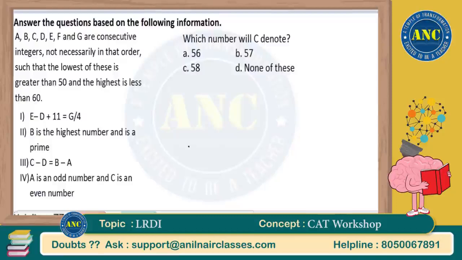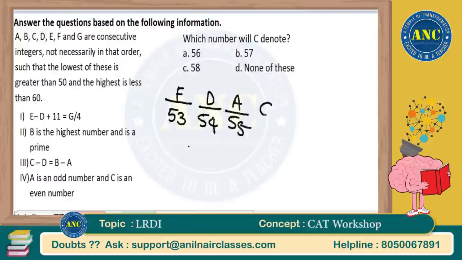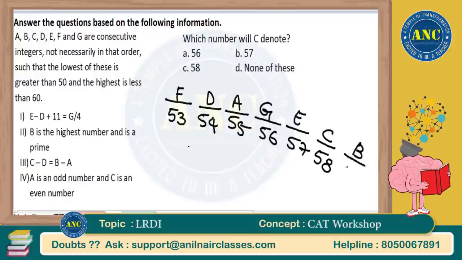Now, what are the values we got? F is 53, D is 54, A is 55, G is 56, E is 57, C is 58, and B is 59.